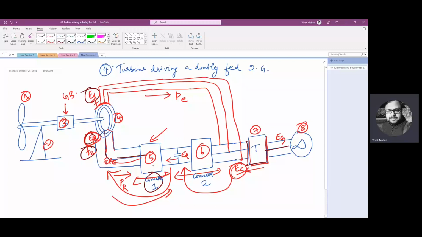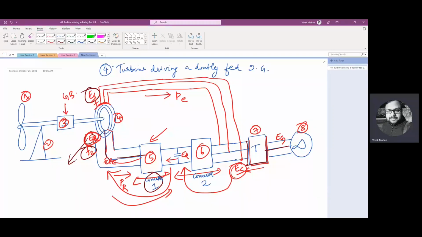So these are the advantages. Everything can be controlled here. The stator voltage is directly coming from the grid supply, but the ER can be varied by all means. ER is the voltage at the rotor terminals.